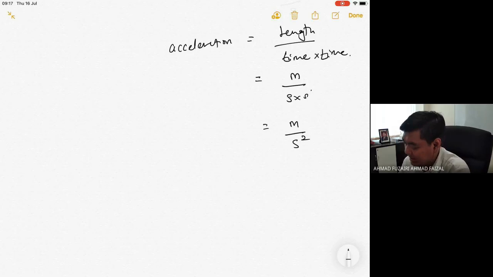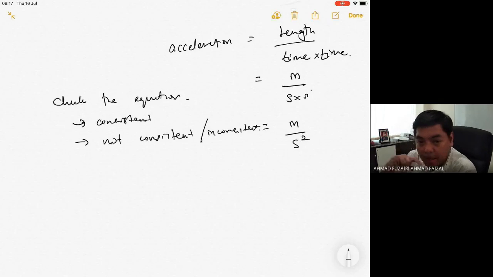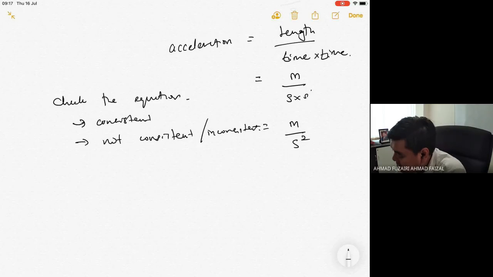So we want to check the equations whether it is consistent or not consistent. Kadang-kadang kita panggil dia sebagai inconsistent. Check the equation whether it is consistent or not consistent. How to make sure that the equation is consistent? So these are the examples.